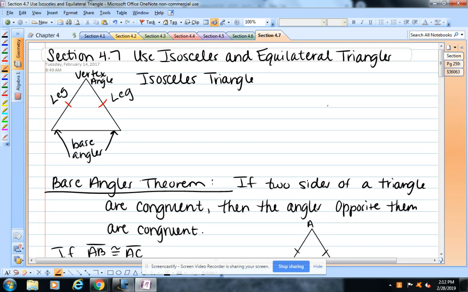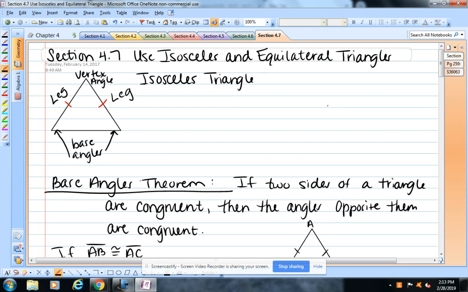The 2 angles at the ends of the legs, the angles that are not between the 2 legs, are called the base angles. They could be above or below, it just depends on how it's turned. Those are called base angles. So the vertex angle is the one between the two legs. The base angles are the other two.